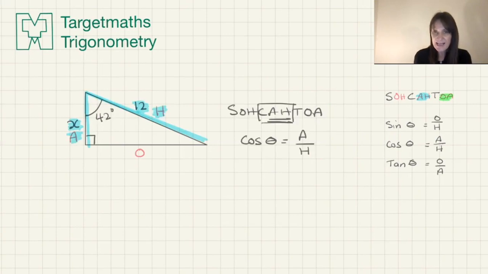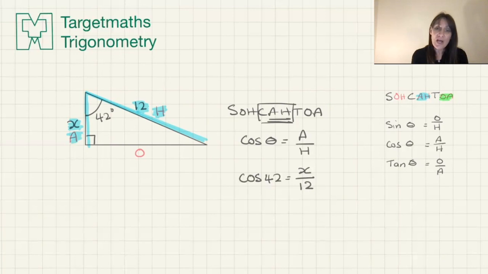Once I've selected my function, I go back to my diagram and I start transferring the information from the diagram into the function. So I've got cos. Now I don't need to write theta because I've been given the angle, it's 42. That is going to equal A, which is labeled X, and H, which is labeled 12.